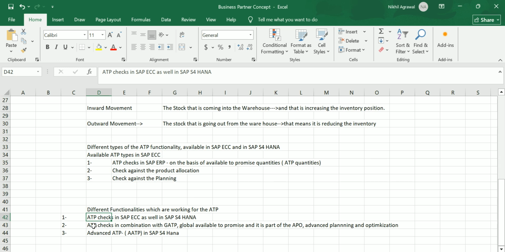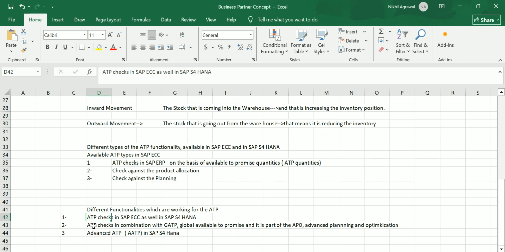It's a separate box called advanced planning and optimization, connected with SAP ECC. Another important thing to remember here is that master data flows from SAP ECC to APO and from APO to SAP ECC. It's bi-directional.